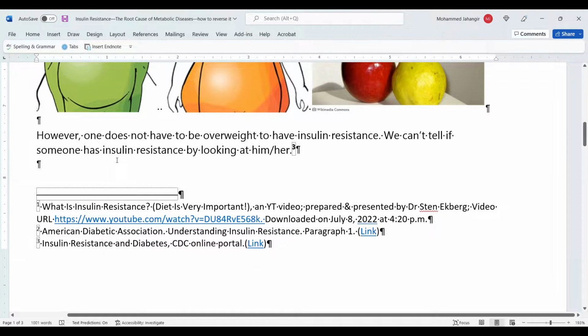However, one does not have to be overweight to have insulin resistance. We can't tell if someone has insulin resistance by looking at him or her.